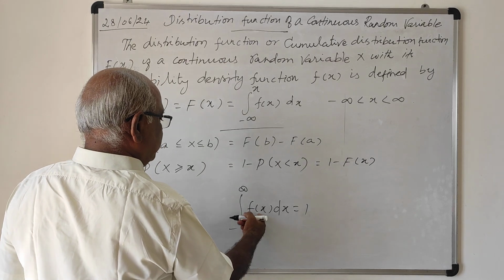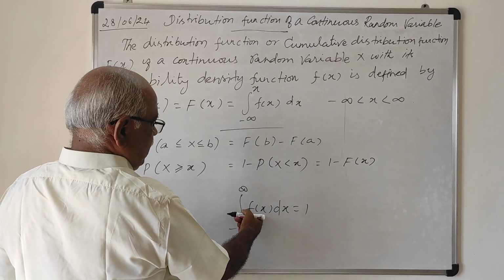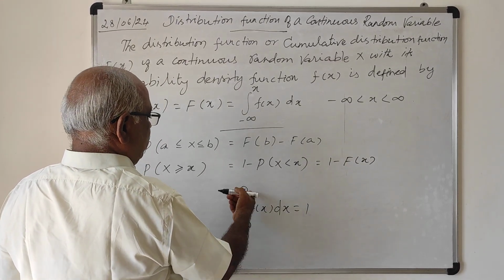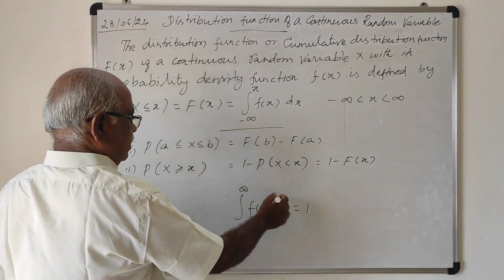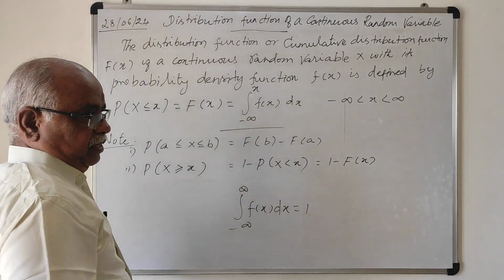If the probability density function is small f of x, its integral from minus infinity to plus infinity, the summation of all the probabilities, is 1. But this is the property of the probability density function.